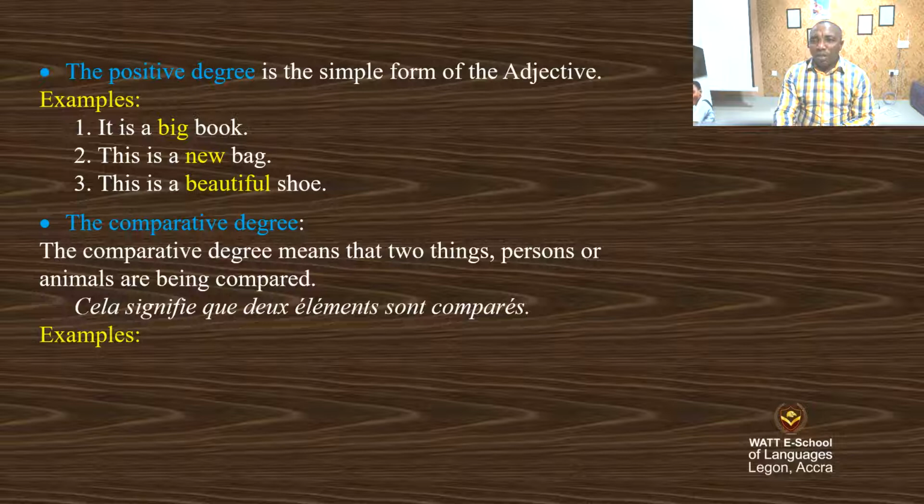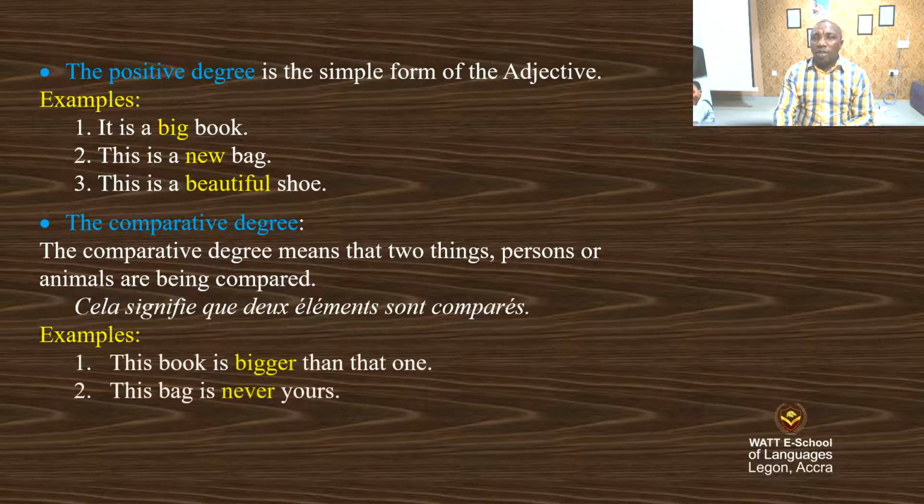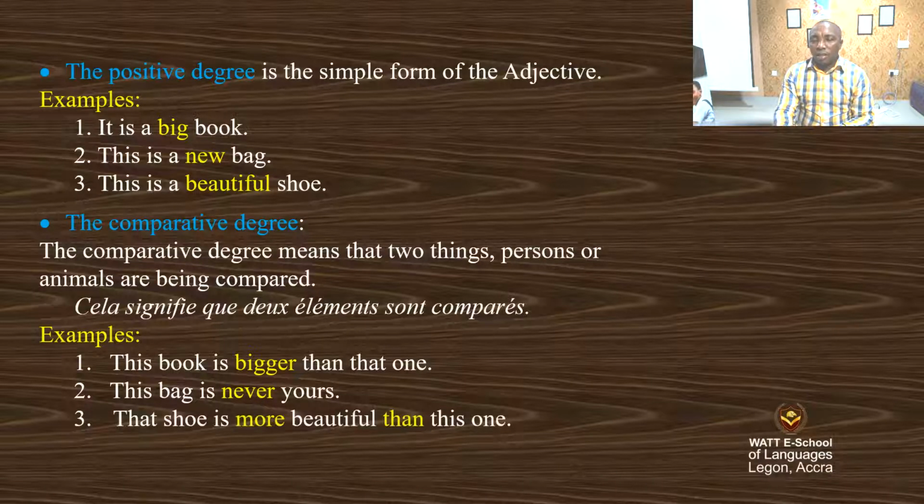So here we are comparing 2 items, 2 books. That shoe is more beautiful than this one. You can see that we are comparing the items here.